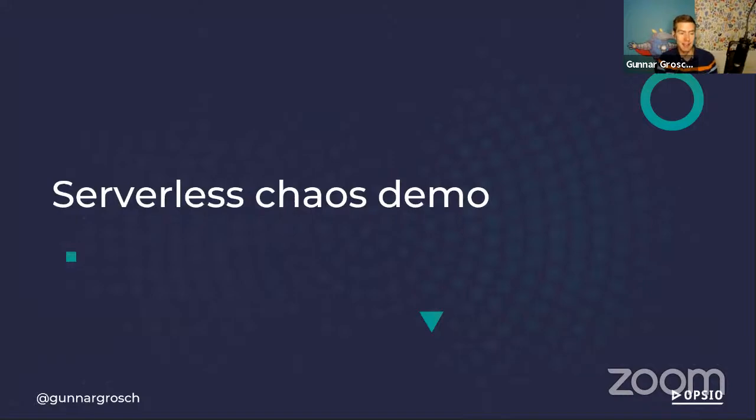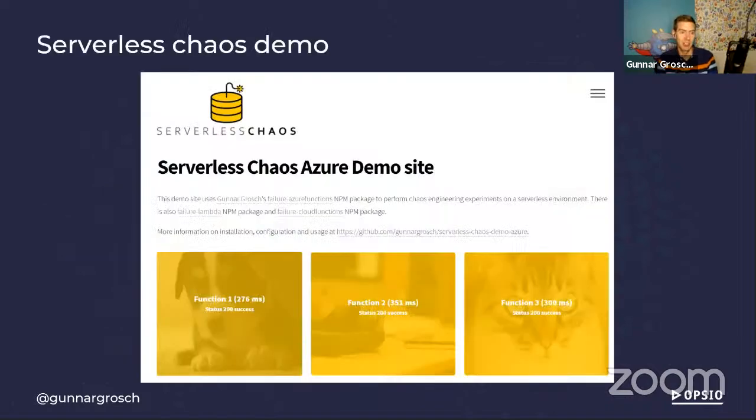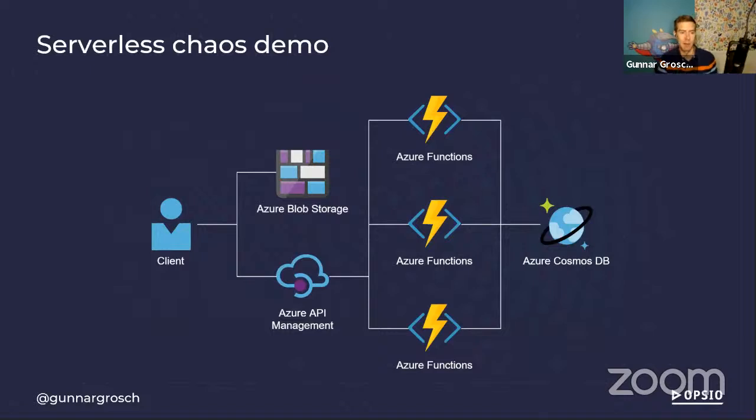So, and with that, we are at the demo part of this presentation. So to make it a bit easier to do these experiments to get started, I've created a simple site to easily show what happens, and we're going to use that. And as I said, we're using the Failure-azurefunctions package for this. The architecture for our demo is quite similar to the one we saw earlier.